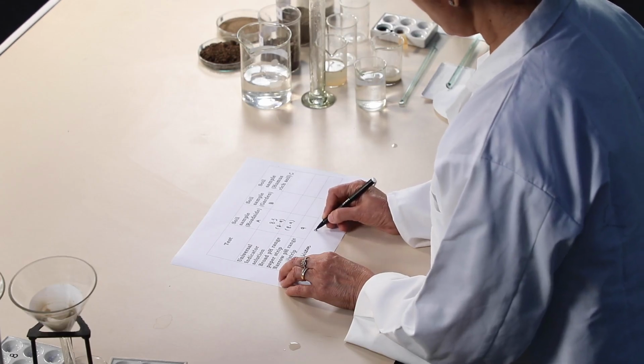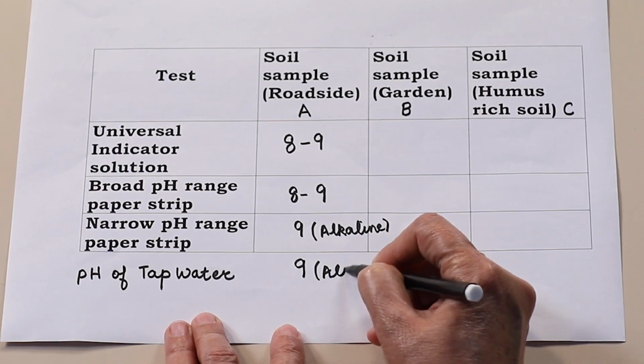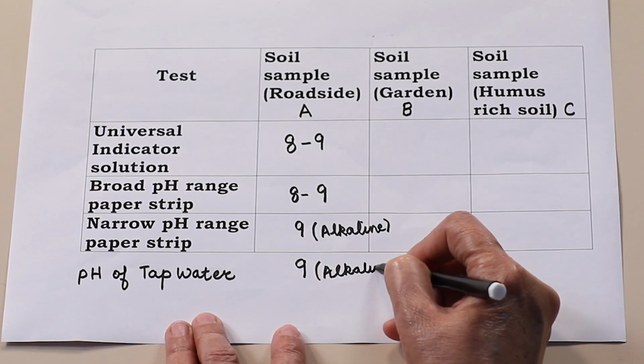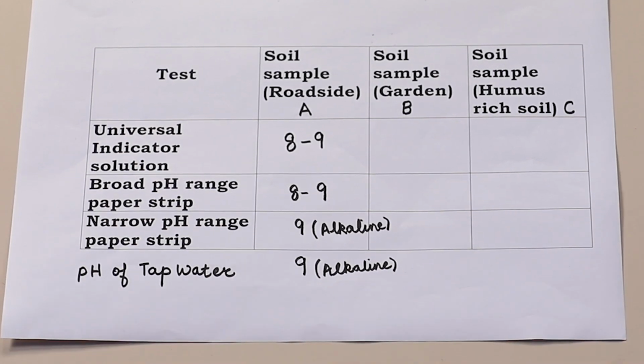The pH of tap water was also 9. So, the tap water is alkaline. The soil sample given is also alkaline.